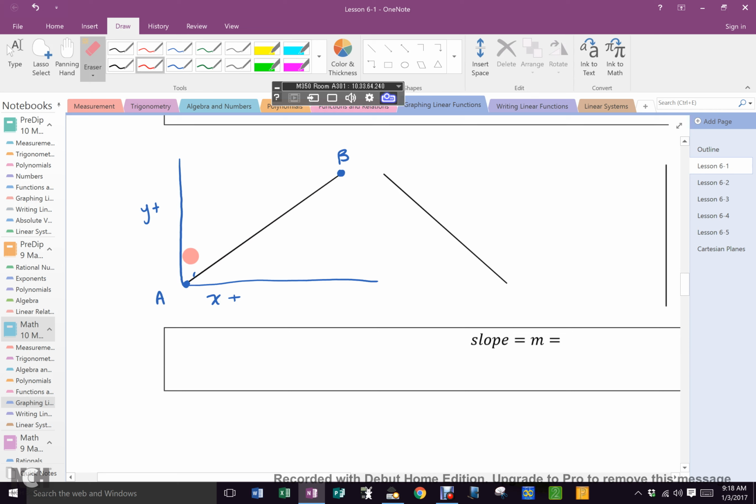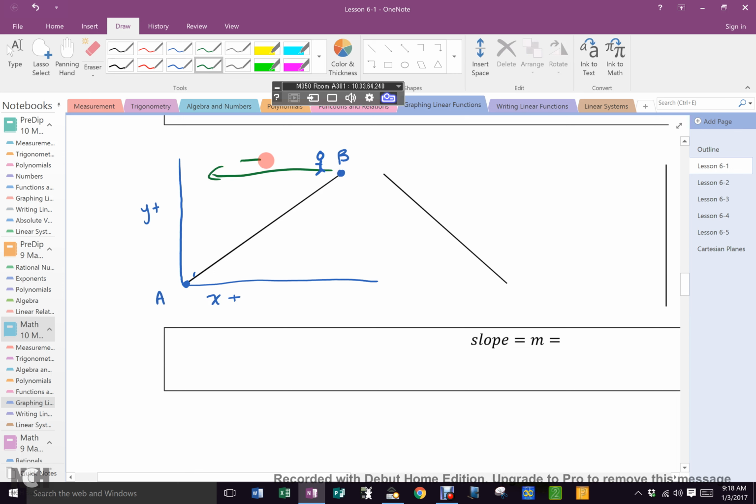But everybody understands that, yes? From A to B, I went up in a positive direction, and I went to the right in a positive direction. Everybody cool with that? Okay. Which means I get a positive slope, because I changed positively in both directions. Does everyone understand that? Now, what if I reverse? Now I'm up here. Now I'm going B to A. What happens in the x direction?